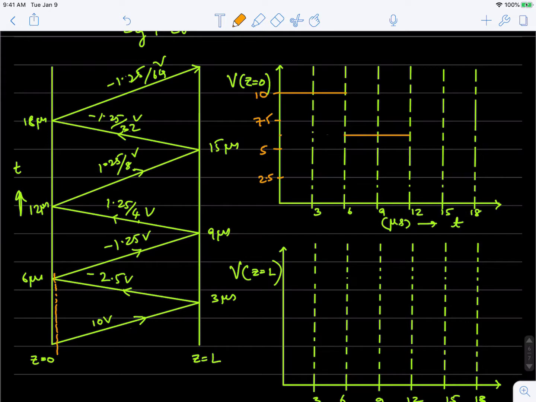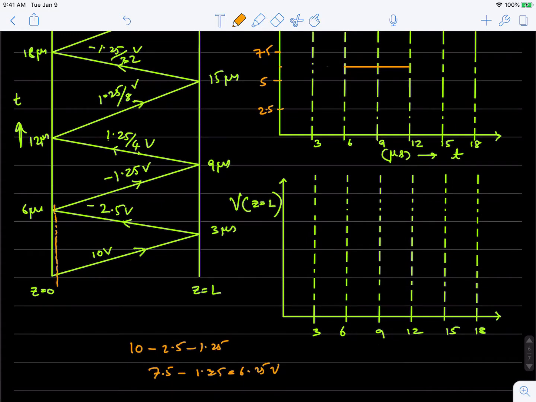And the moment we cross 12 microseconds, we are going to have another addition of 1.25 divided by 4 plus 1.25 divided by 8. We have to add that to the original voltage.